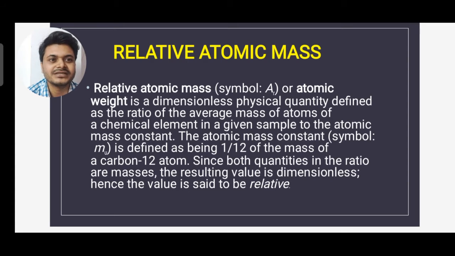The atomic mass constant, symbol m suffix u, is defined as being 1/12 of the mass of a carbon 12 atom. Since both quantities in the ratio are masses, the resulting value is dimensionless, hence the value is said to be relative.